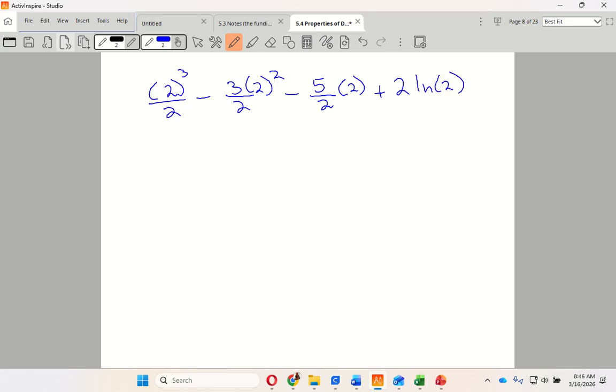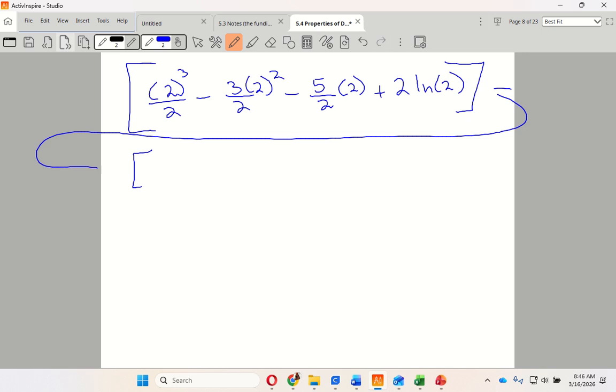And all this is my top, right? Minus the bottom. Why is it minus? Because it's always top minus bottom.